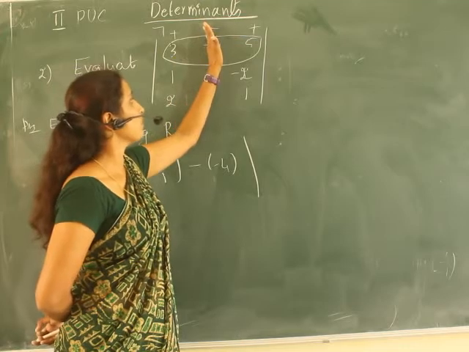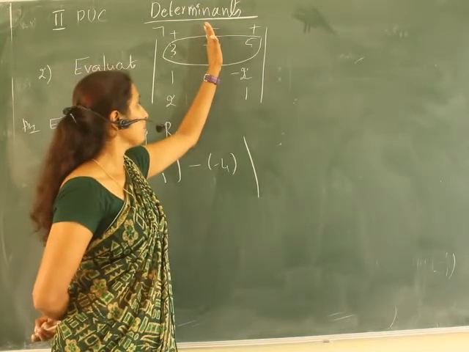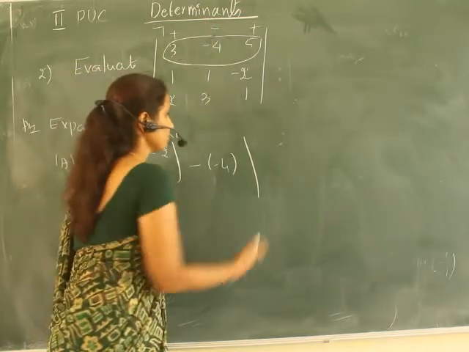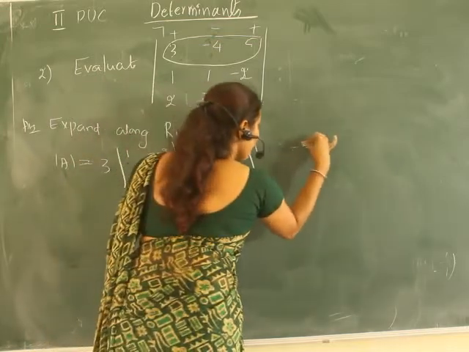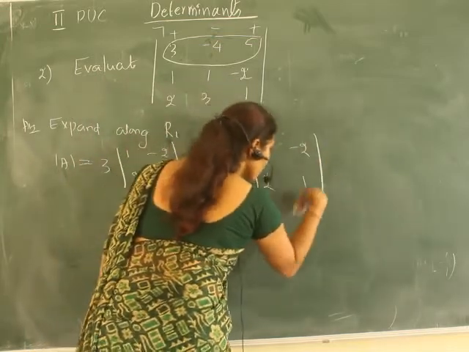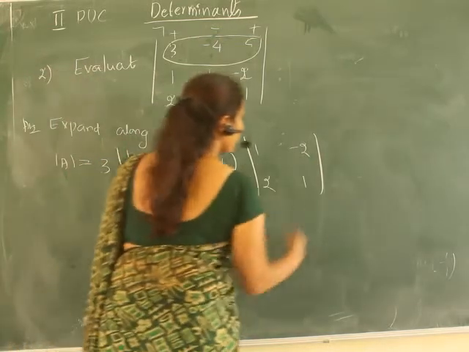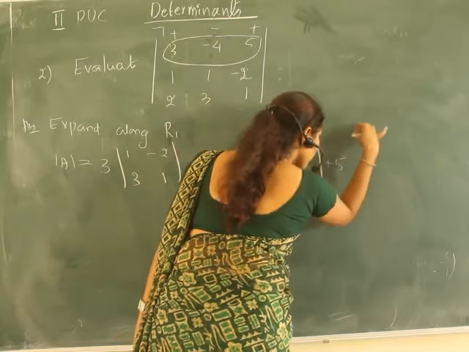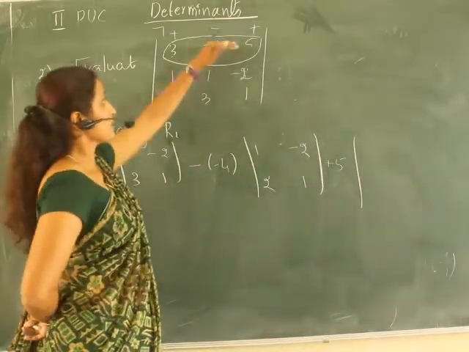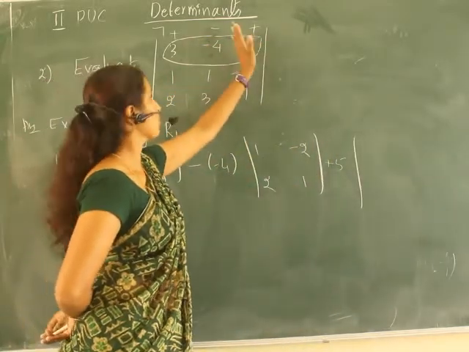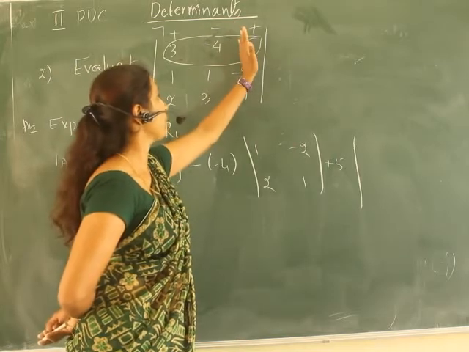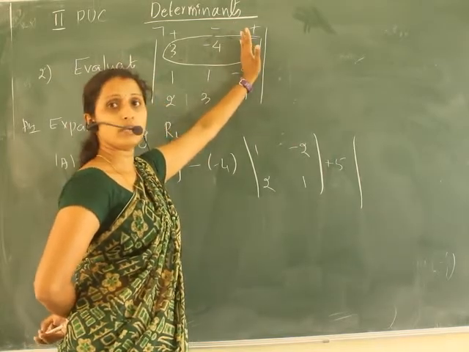So if I delete this row and this column, what is remaining? 1 minus 2, 2 1. So the next element is plus 5. This is in the first row and third column. So if I delete the first row and third column, what is remaining? 1 1, 2 3.